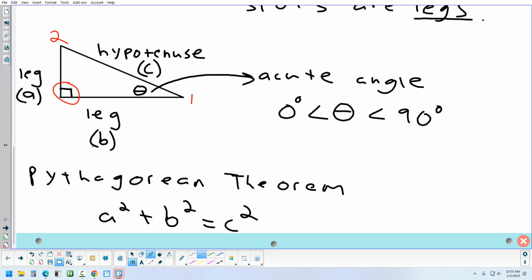So if A and B are the legs and C is the hypotenuse, you write A squared plus B squared equals C squared. When we deal with triangles that do not have a 90-degree angle, you cannot use that theorem. It only works in a right triangle, which is what this section is all about. Any questions on that diagram or the Pythagorean theorem?